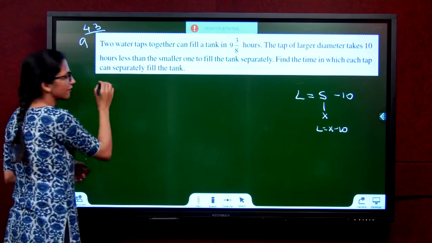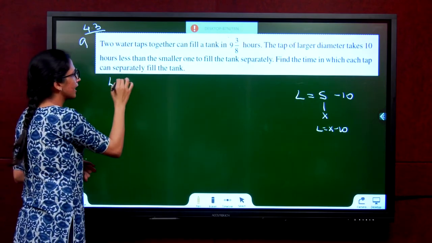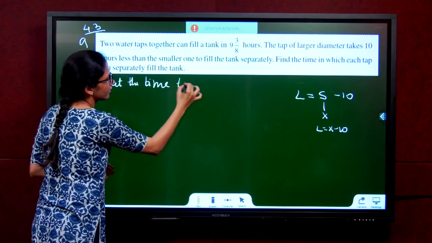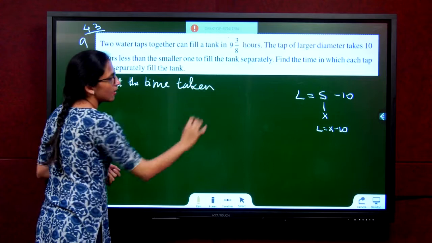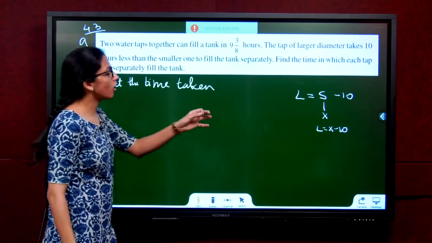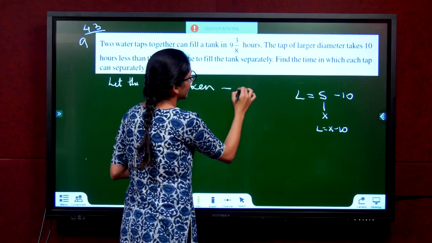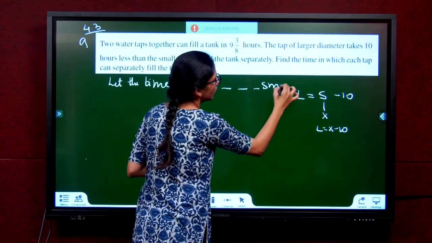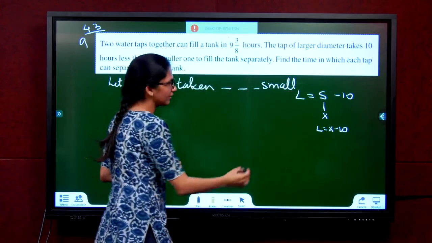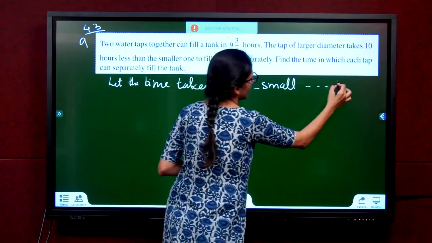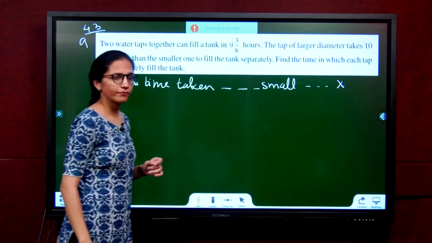So the first statement we will write down is, let the time taken by the small tap to fill the tank be, please write down, X hours.